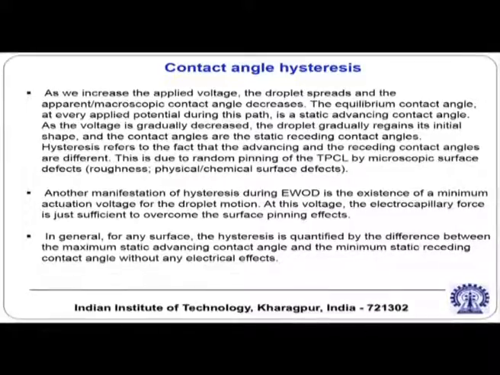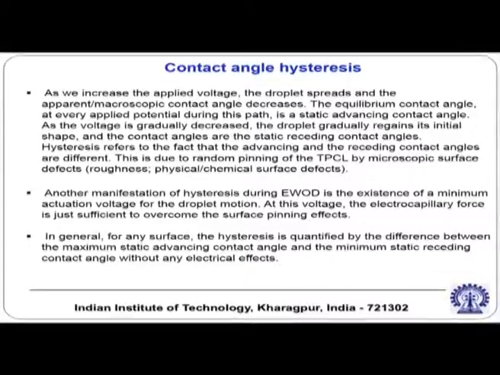Contact angle hysteresis. As we increase the applied voltage, the droplet spreads and the apparent or macroscopic contact angle decreases. The equilibrium contact angle at every applied potential during this path is a static advancing contact angle.